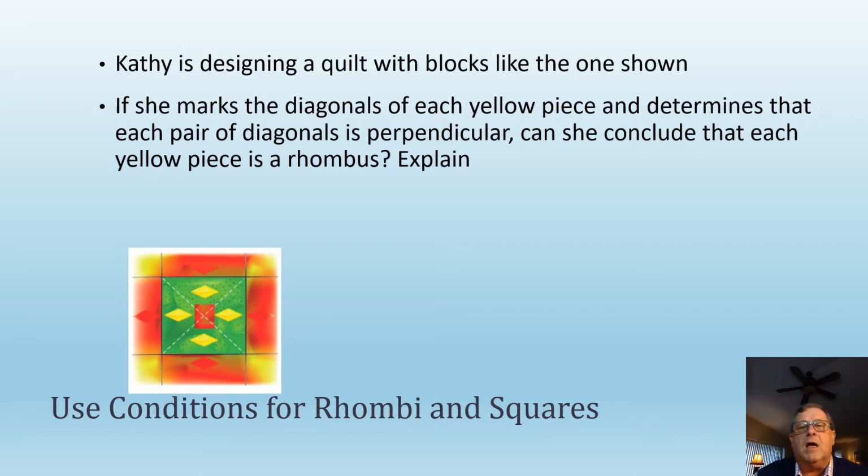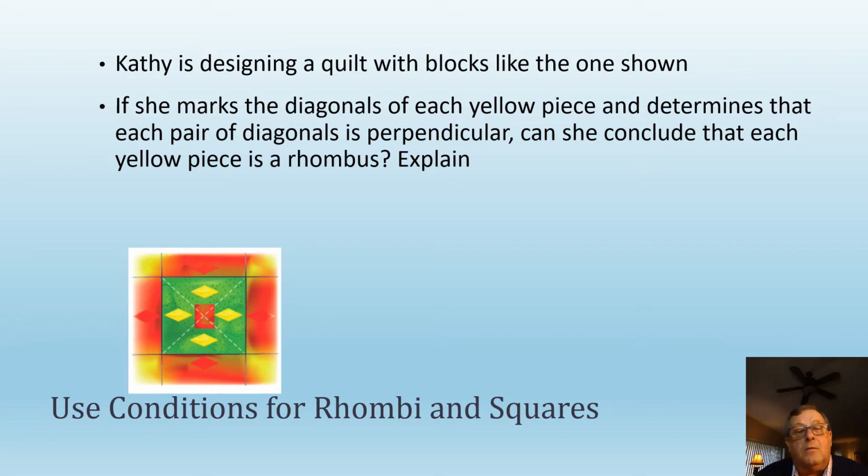The opposite sides have to be parallel, right? And although those yellow pieces kind of look like they're probably parallel, I don't know that they're parallel. I'm told that the diagonals are perpendicular, but I don't know that the object itself is a parallelogram.